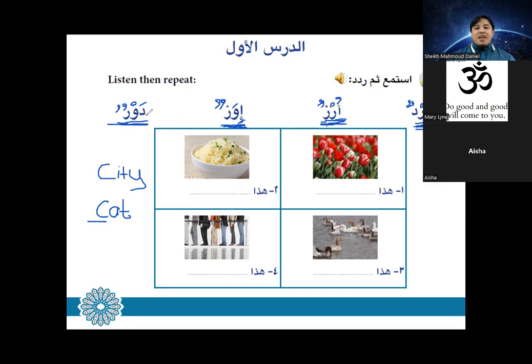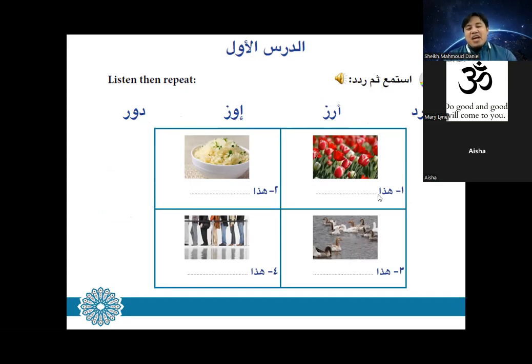Okay, now, if you are able to participate, please participate with me. In Arabic also, we have what we call in English the demonstrative pronoun. Any one of you knows about the demonstrative pronouns in English? If I say in English, this, that, these are demonstrative pronouns.